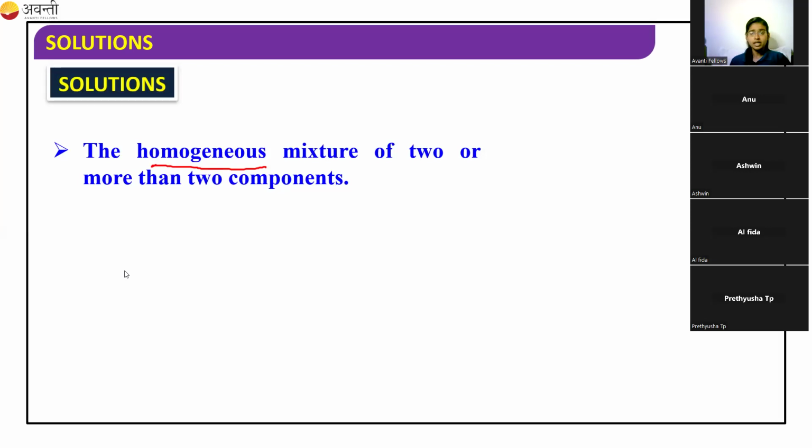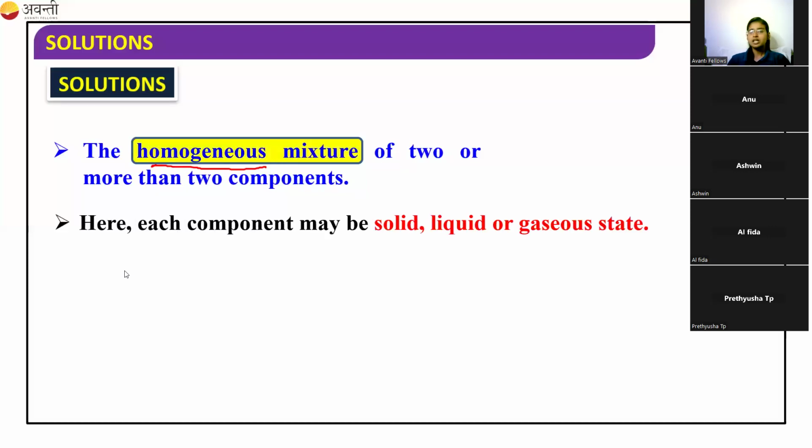The component may be solid, liquid, or gas. It need not be liquid all the time. That's why you were confused in the last question. Since brass looks like a solid, you might have thought brass could not be a solution.